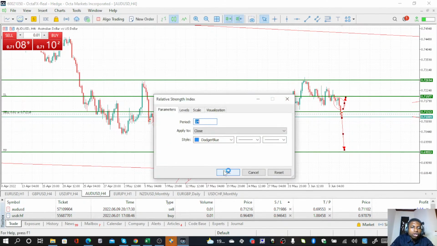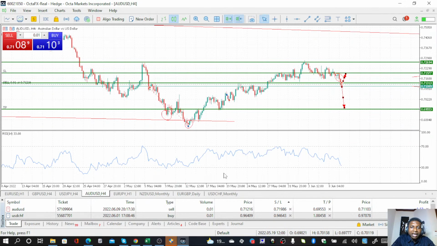When the line on this RSI gets to this straight line at 70, it's telling you that the price is overbought, it is high.